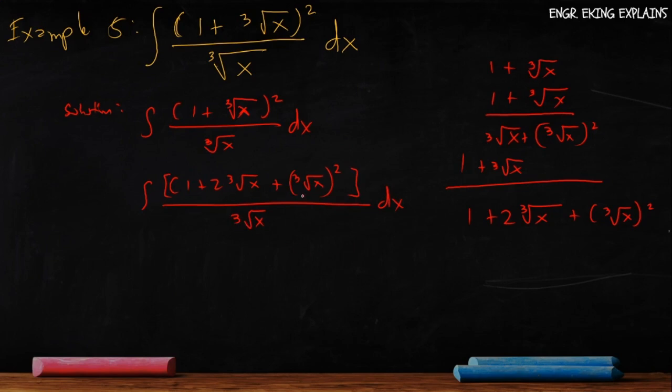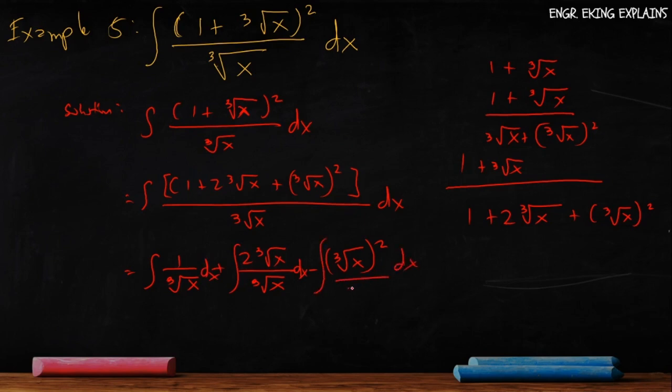dx. Now let's use the distributive property or the linearity. So we have 1 over cube root of x plus 2 cube root of x over cube root of x plus cube root of x squared over cube root of x, dx. I forgot to put the dx. Now we simplify this one.